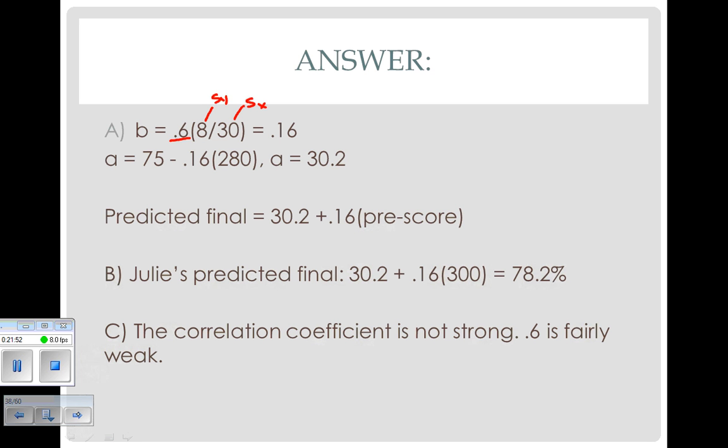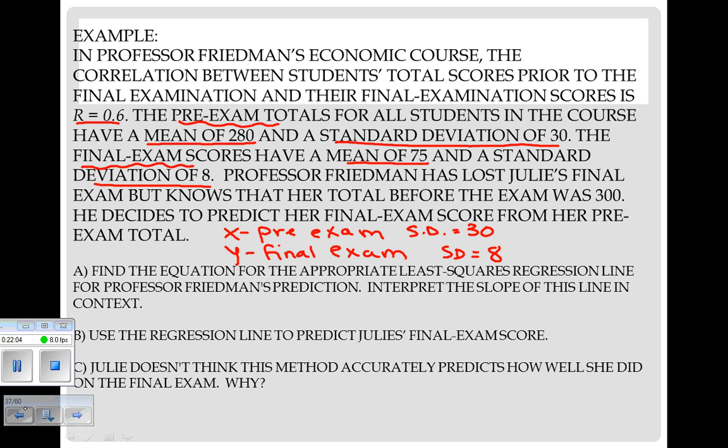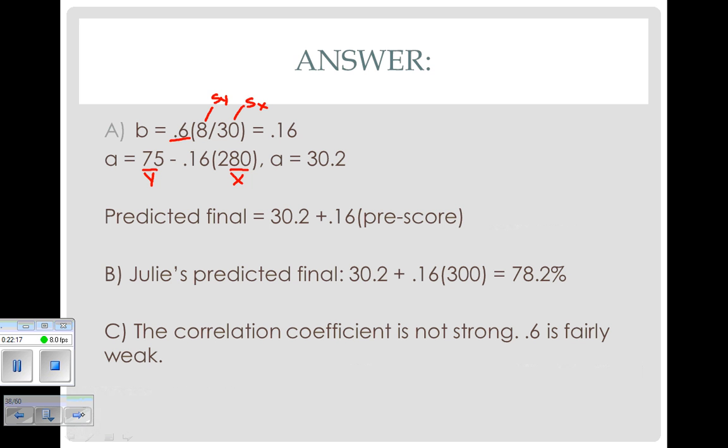I know that the mean x and the mean y is always going to be on the equation of my line. So using the mean x and the mean y that were given, so remember it said the mean of the final was 75, oops, that's y. The mean of the pre was 280. So I know that has to be a point on the graph. So I plug that in, plug my slope in that we just found, and I can see a is 30.2.